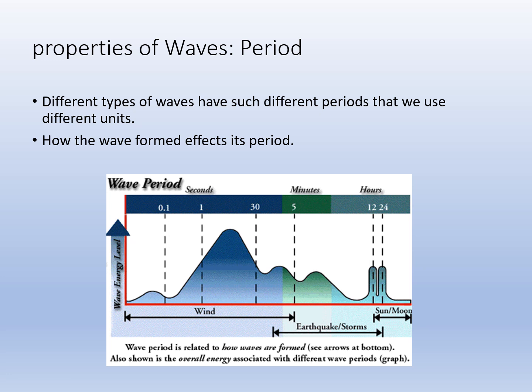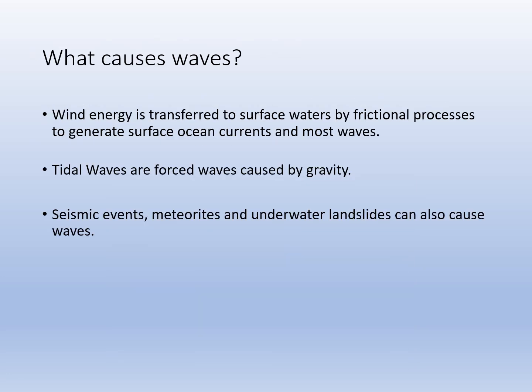So the three types of waves are wind, seismic sea waves, tsunami, tides, and then we have a storm surge, which is half a wave. Those are where waves come from. So wind, tides, seismic events, and then we can put a half a wave in there with the storm surge.